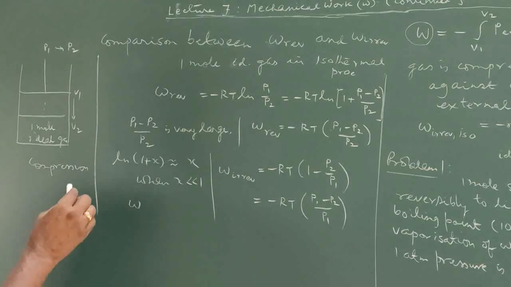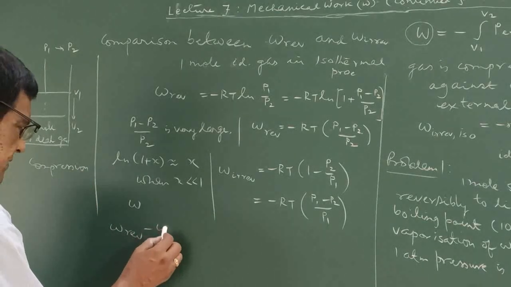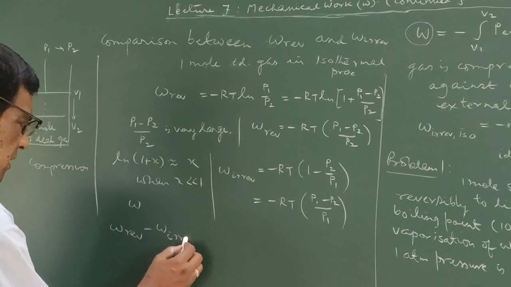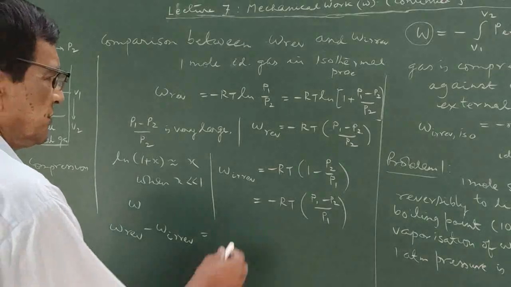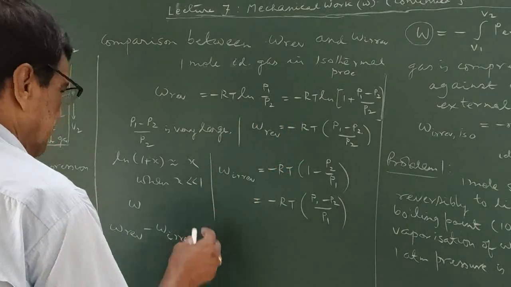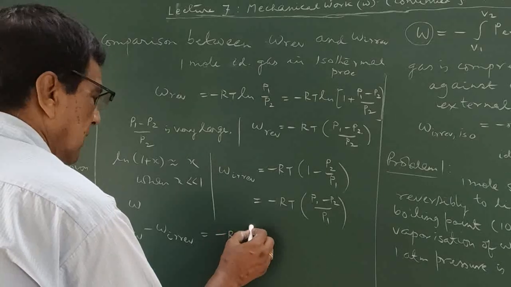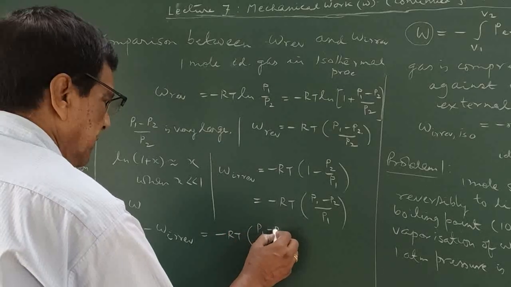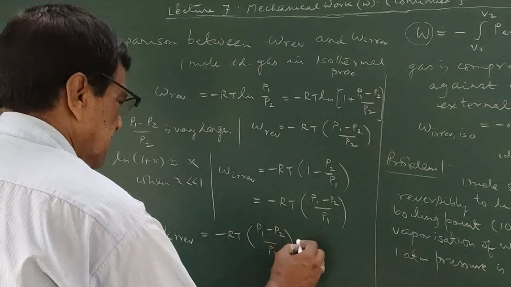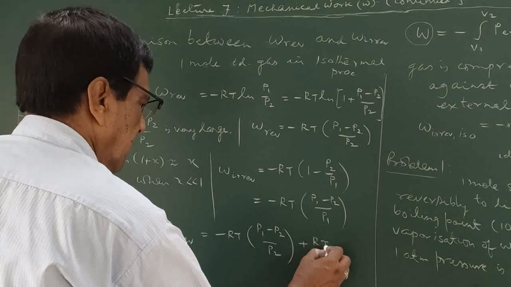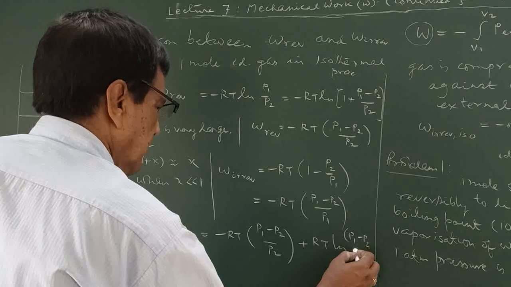So W reversible minus W irreversible, the difference of these two, we shall see: this one, minus RT times P1 minus P2 divided by P2, and plus RT times P1 minus P2 divided by P1.